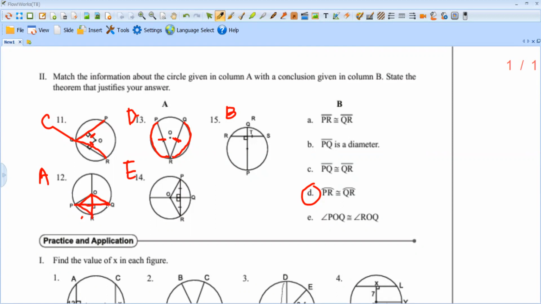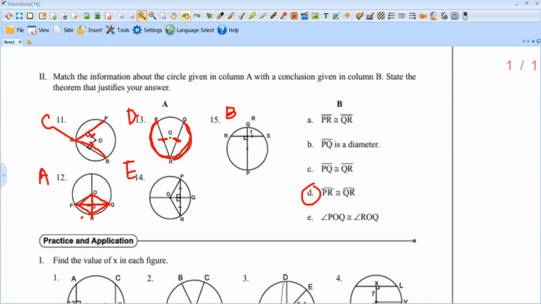Then PR is equal to QR. Okay, so that is letter A. You cannot say that these two are equal because they are not equidistant to each other, okay?